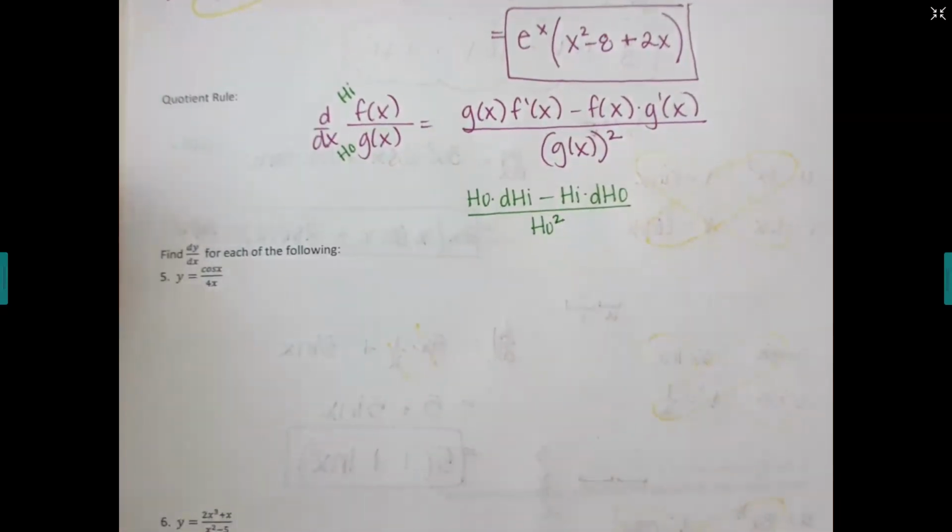And then you can remember the order because the ho's go on the court. So it's ho d high minus high d ho, and if your ho's not on the court, you got it wrong. All right, so let's look at how to do it.